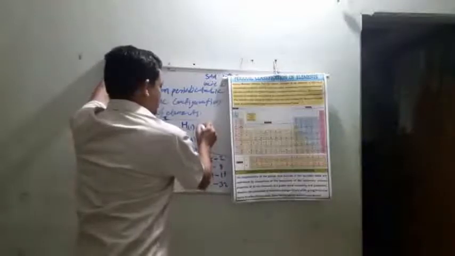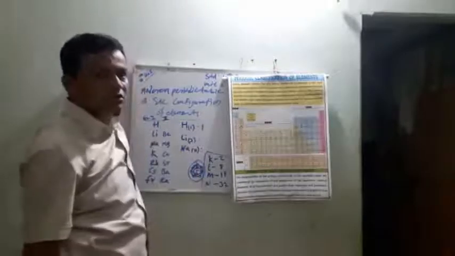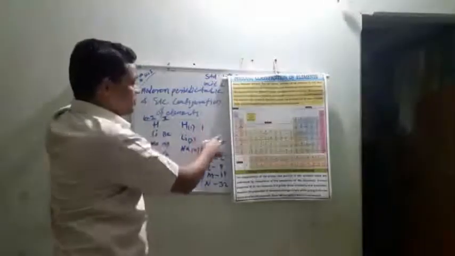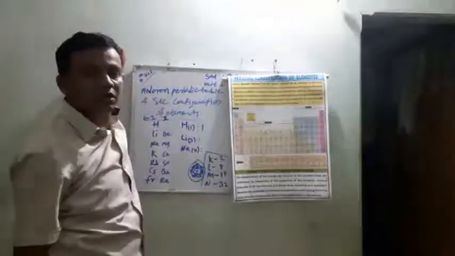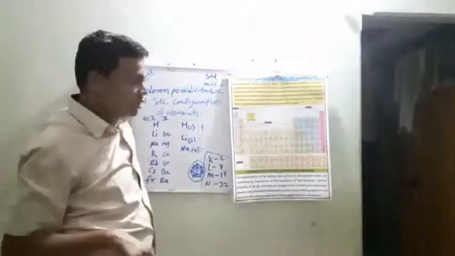So in the first shell, electronic configuration of hydrogen: the first shell contains 1 electron, because the number of electrons is the atomic number. So you can divide these electrons by using the electron capacity of each shell.